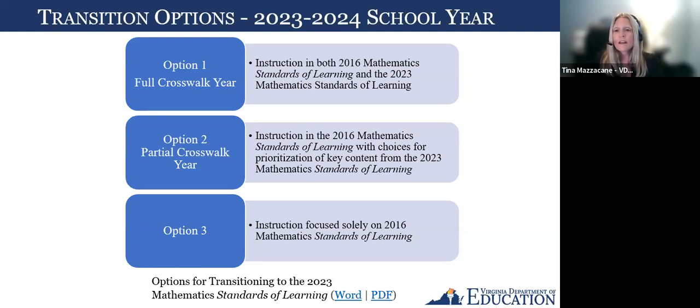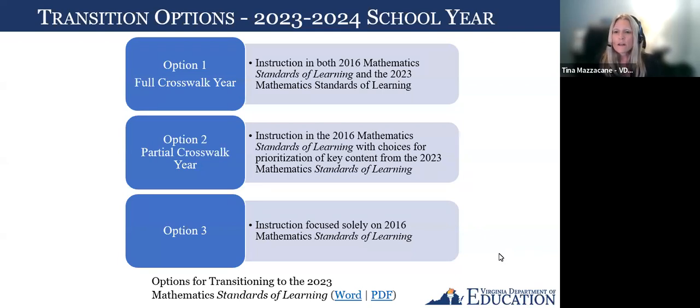And then option 3 is that instruction would be focused solely on the 2016 Mathematics Standards of Learning, and school divisions would use the current school year to prepare for the full implementation of the standards during the 24-25 school year. So these are the 3 options that that particular document outlines for you.